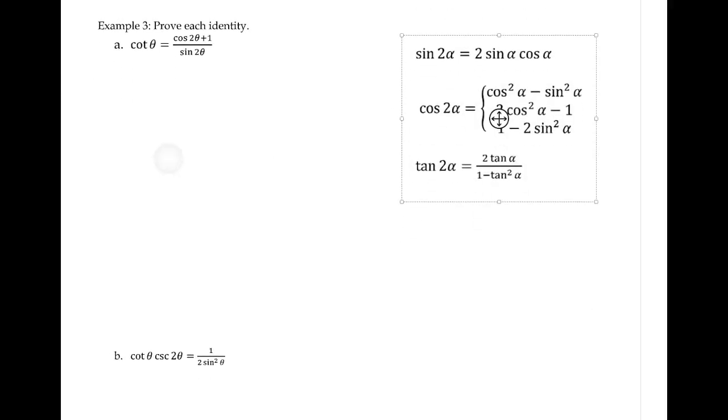Okay, so example 3, prove that cotangent of theta equals 2, or cos 2 theta plus 1 divided by sine 2 theta. So again, I'm not going to work with the left-hand side because the left-hand side is way too simple, and I have no idea where I would even begin to try and generate these identities from one single trig function.